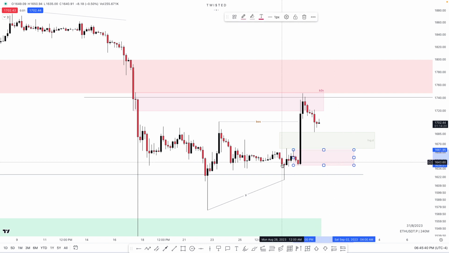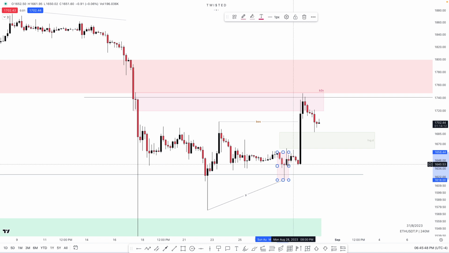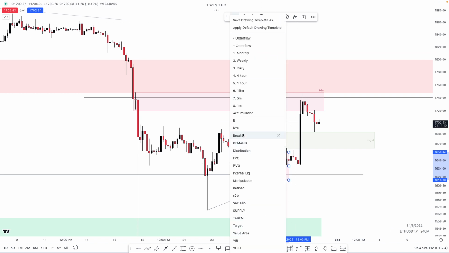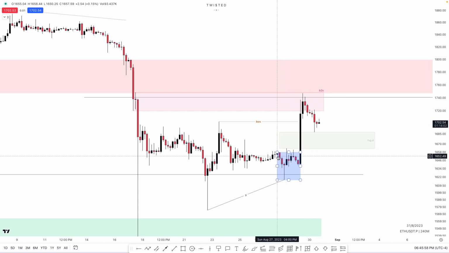I would say this is the order block that took the lows and the high was taken, then we came back down into the range. So this will be our bullish order block. Price broke above, came back down into the range, and then it impulsed away from there. So origin move, propulsion block around here. So that's the propulsion block.